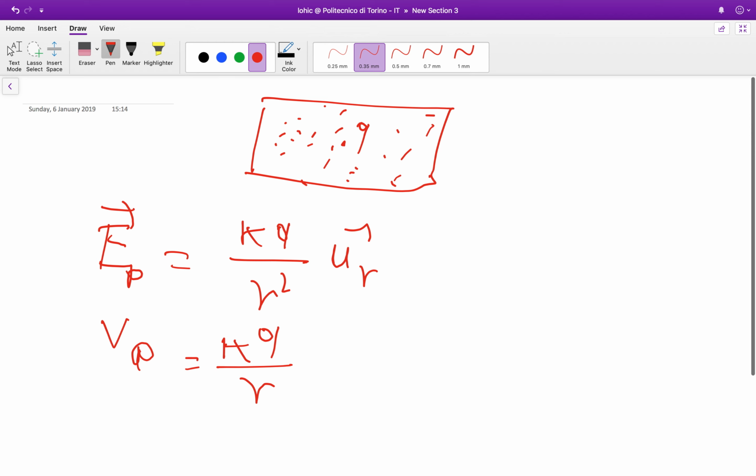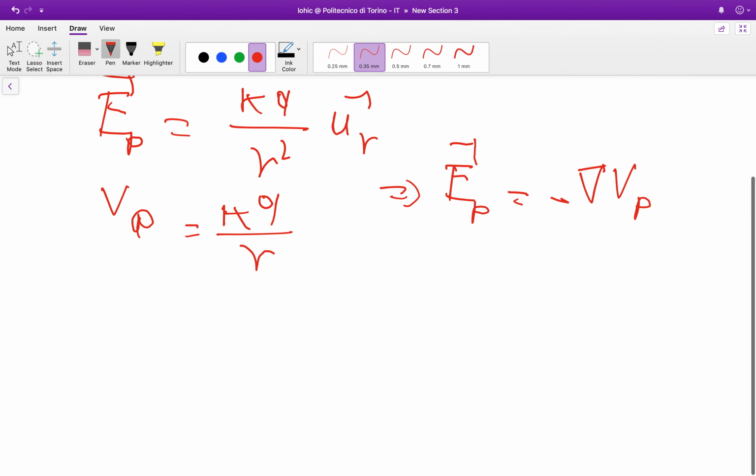The relationship between the potential and the field is that the field at any point P is minus the gradient of the potential.